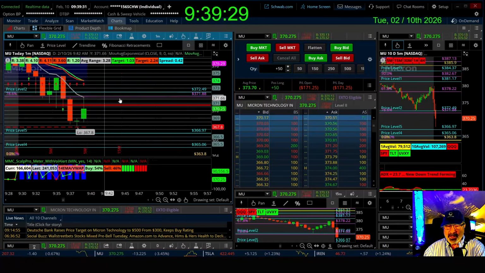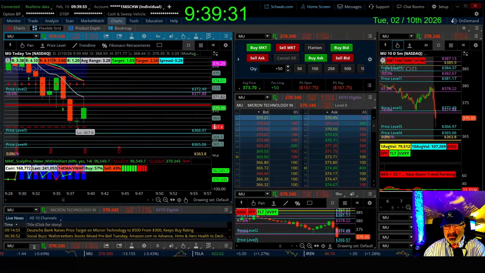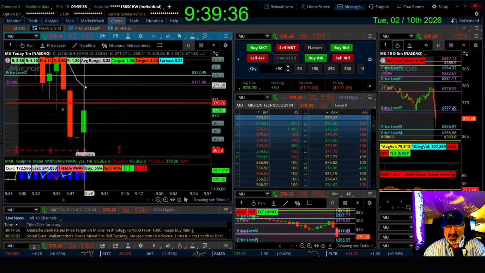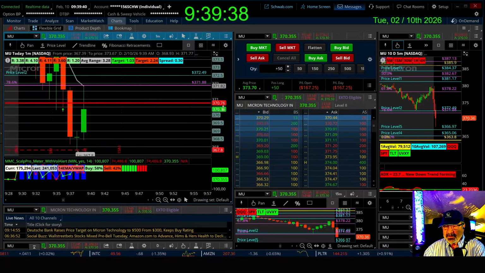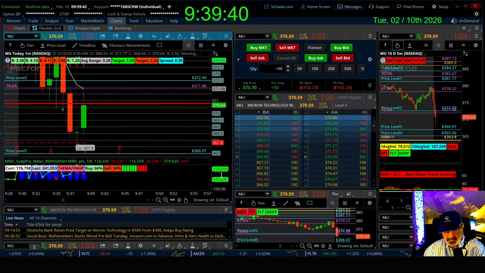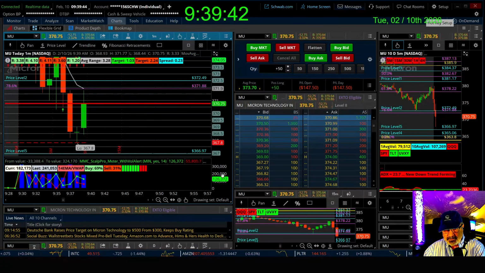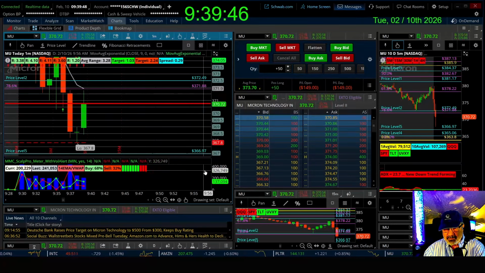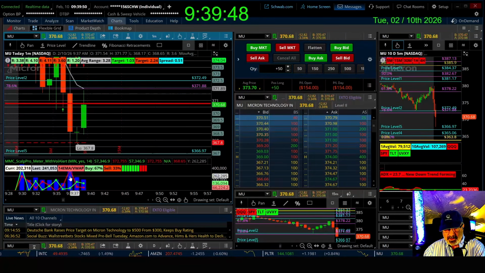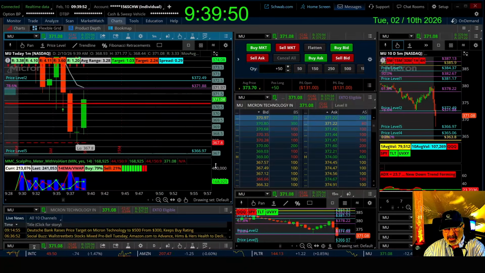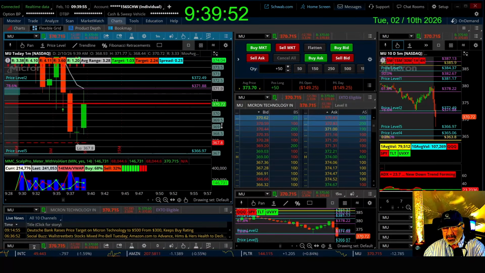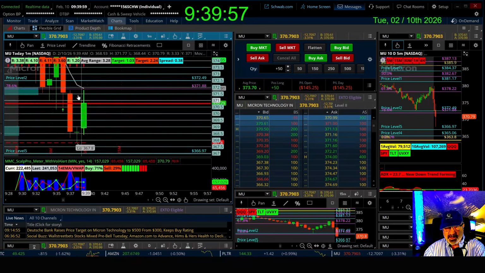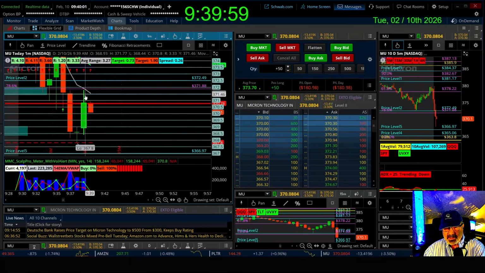Now it hit that fib, and the 9 moving average right there. That's what that gray line is. It had two points of resistance that scared people. Buyers didn't make it to the top. We need a bigger green volume candle, like that's happening here. Let's get this to break that volume. No, we won't break it on this one, but see, that is going to send it up, guys.